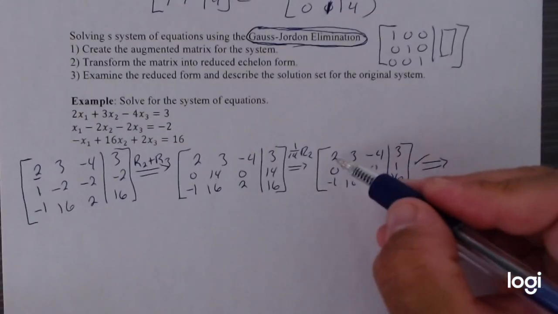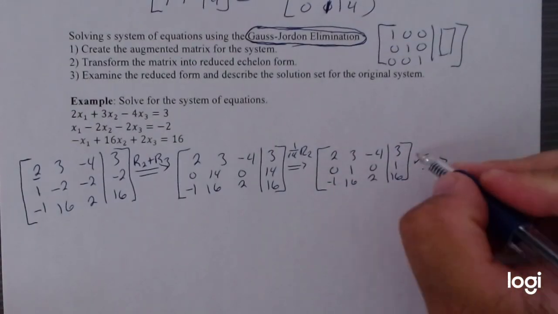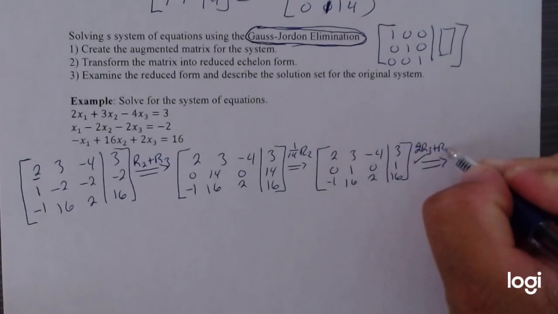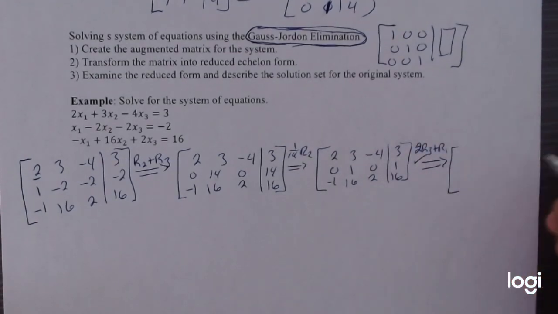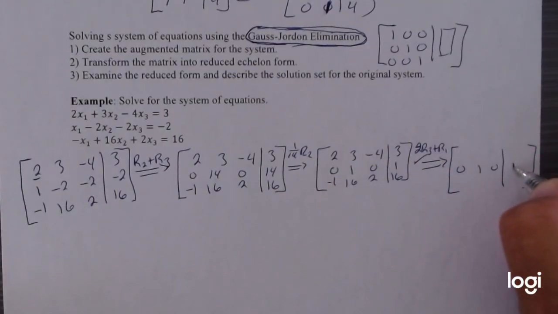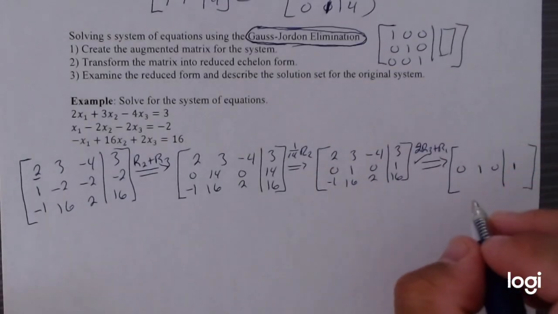So why don't we make this a 0? So I'm going to multiply this by 2 and then add it. So multiply 2 times row 3 plus row 1. And I'll keep the second row the same. And the result, I'll put it in the bottom portion.